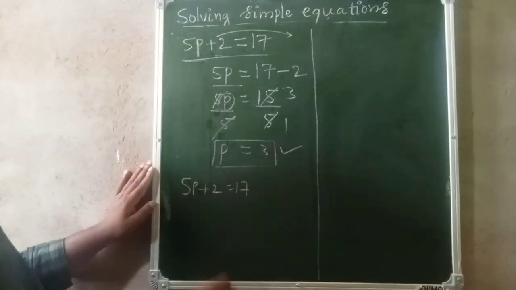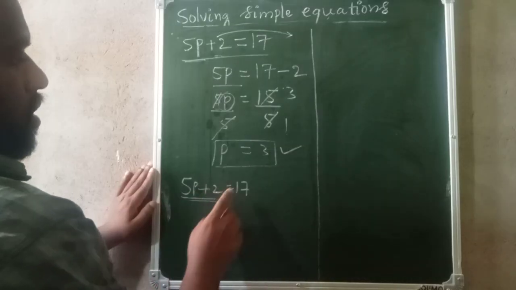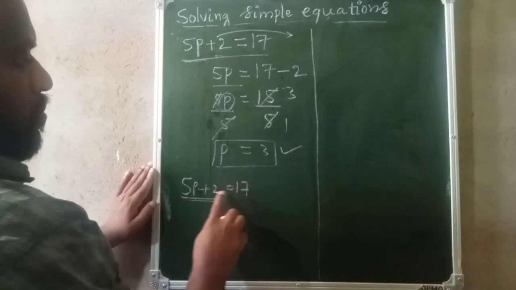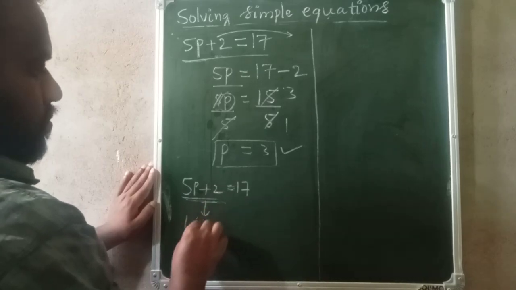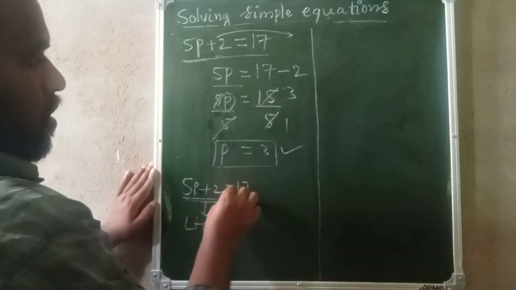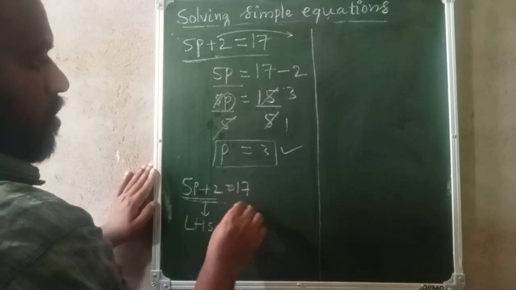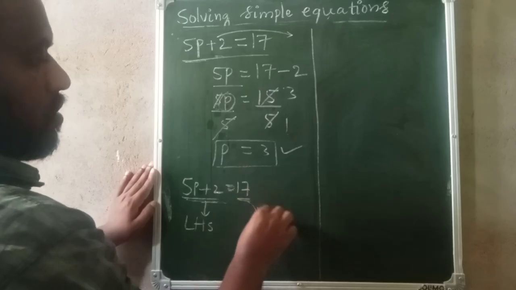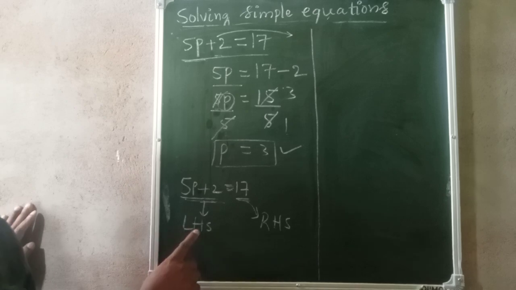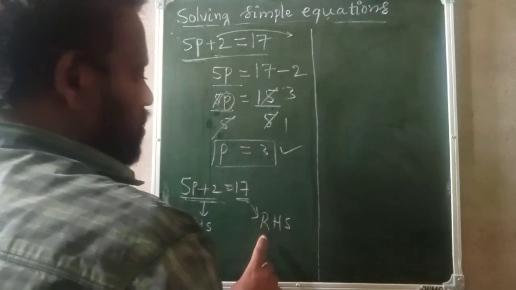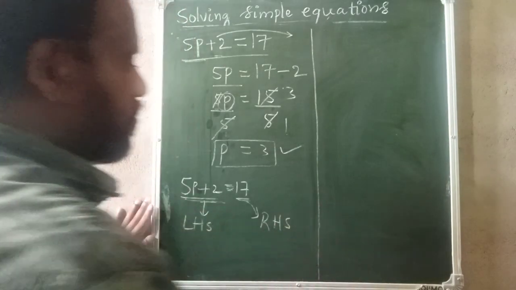So this is the given equation, right? Before this equal sign, whatever is there, that is LHS. After this equal sign, whatever is there, that is RHS. LHS means left hand side, RHS means right hand side.